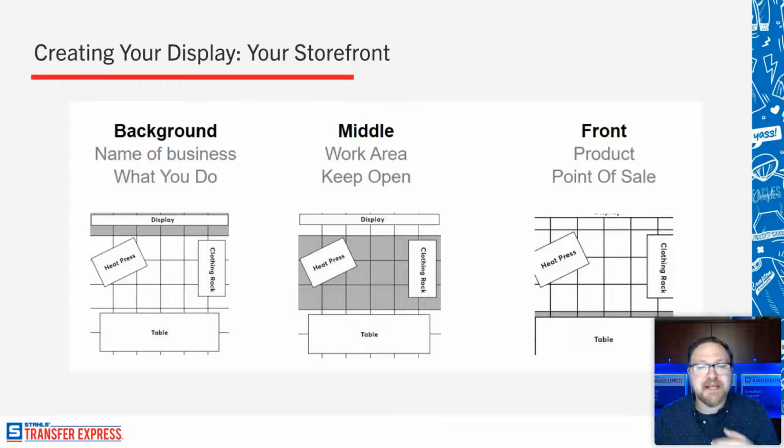Now on the front side, that's where you're going to have any small stuff on your table. Maybe you have little shirts that people can touch and feel, or a grid wall, a little clothing display, maybe a clothing rack right there on the table itself. Or you'll see a lot of times, in the next slide coming up, those little wood crates that look super crafty and cute.